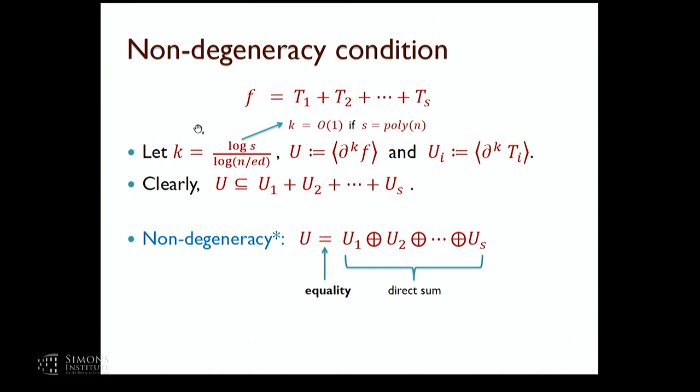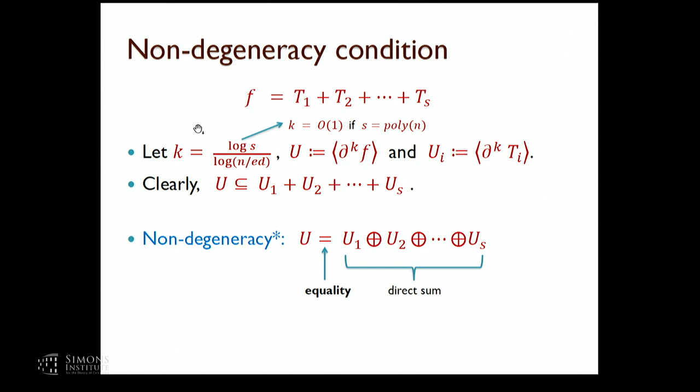Why is this mild? For example, assume for the moment that s is poly(n). If s is poly(n), then k is a constant. Now, notice that if k is 0, then all this is saying that without loss of generality, I can assume that T_1 through T_s are linearly independent. That's saying the 0th order spaces form a direct sum.